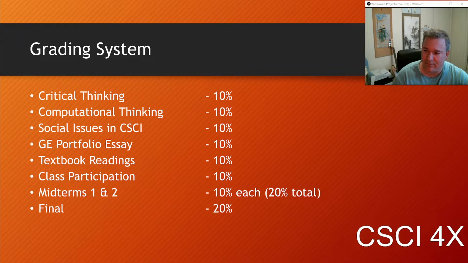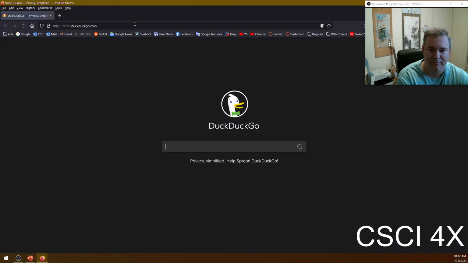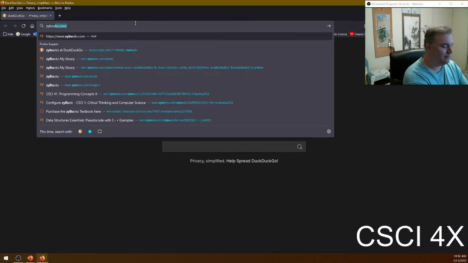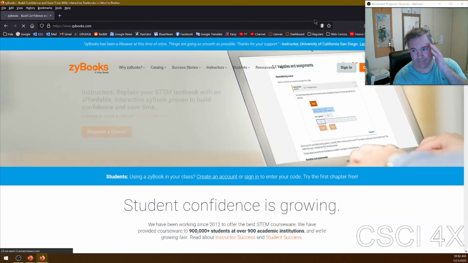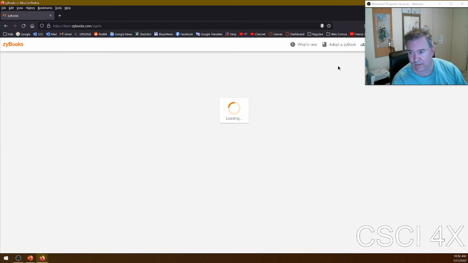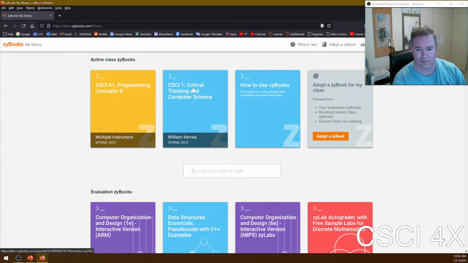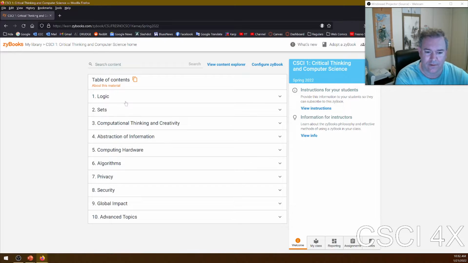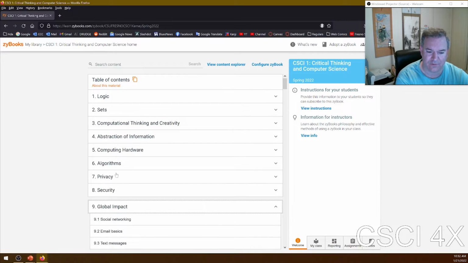So, textbook readings. There is a textbook for this class called Zybooks. It is an interactive textbook, and it integrates with Canvas. I'll pull it up right here. I will assign readings periodically from the homework. For example, impact of computer science.